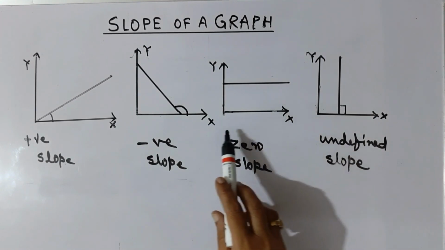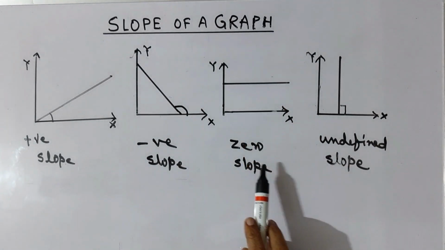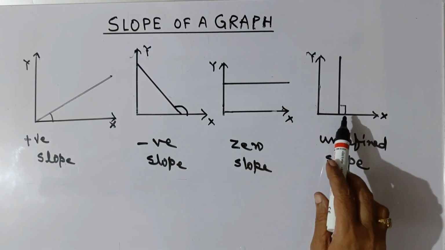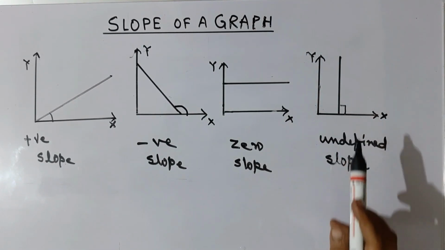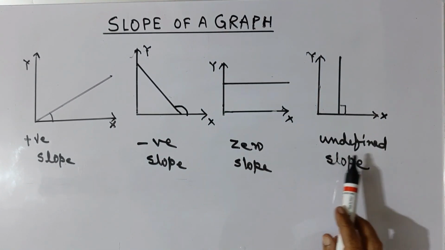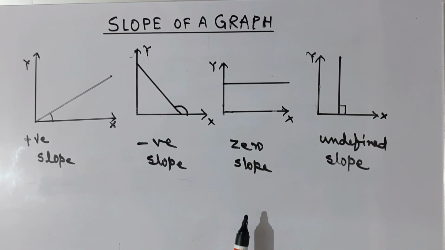When the graph is parallel to the x-axis, the slope is 0, and when the graph becomes parallel to the y-axis, its slope cannot be defined, hence it is called undefined slope. This is a very useful concept, and it is used in calculation of velocity and acceleration from graphs.